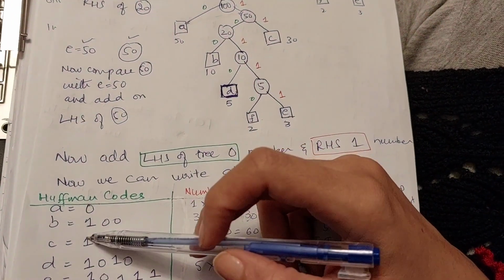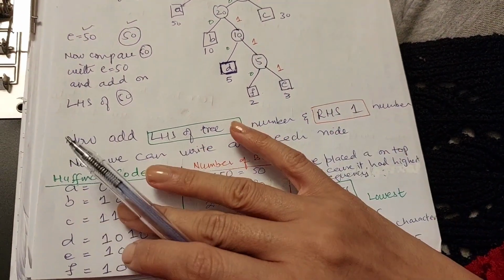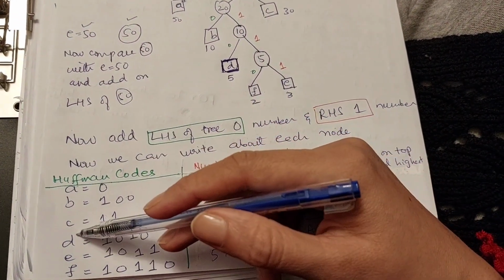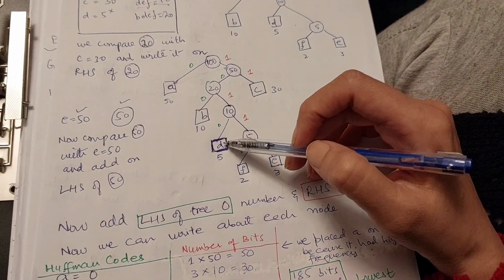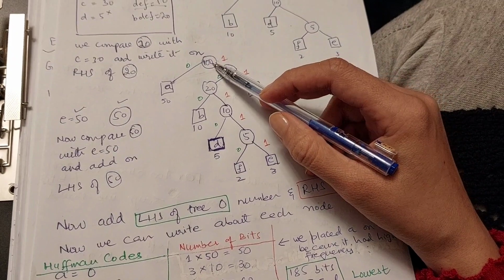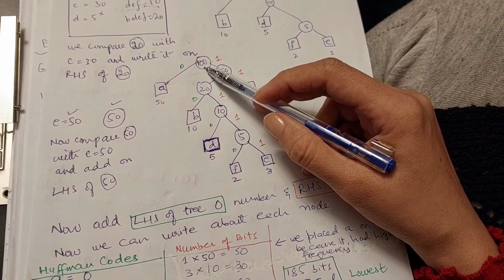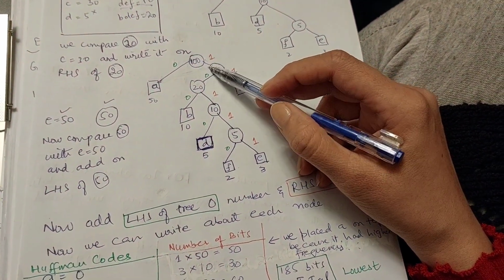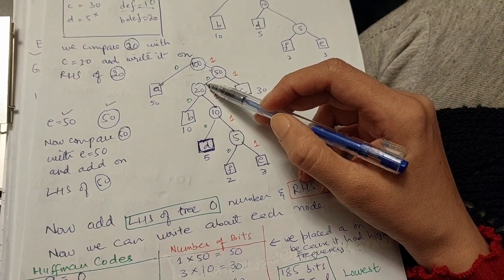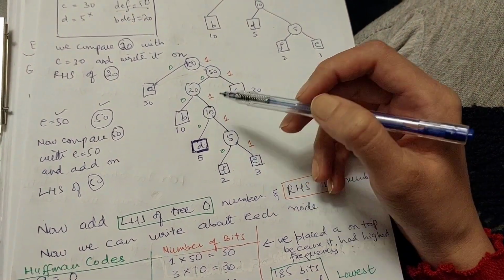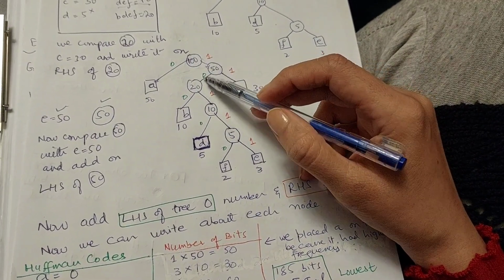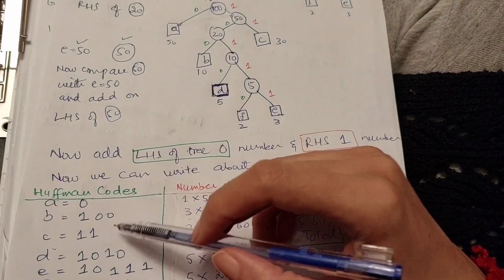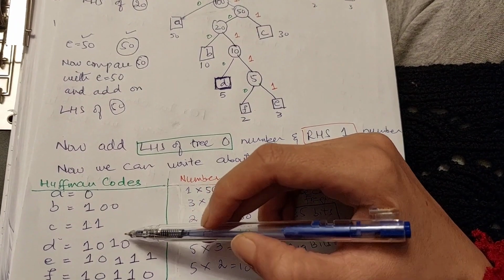And similarly, my Huffman code for the data entry D will be, just look onto D. I have got D here. When I start traveling from the root node, it is 1, and then it is 0, and then it is 1, and then it is 0. So basically 1 0 1 0.